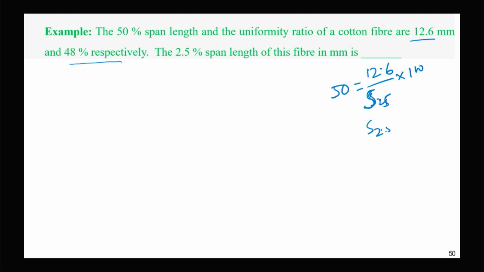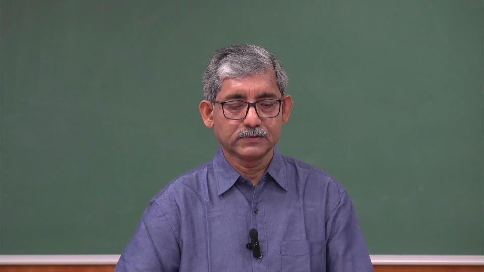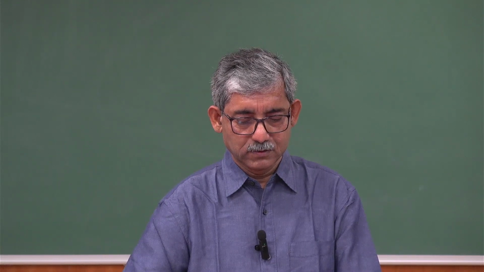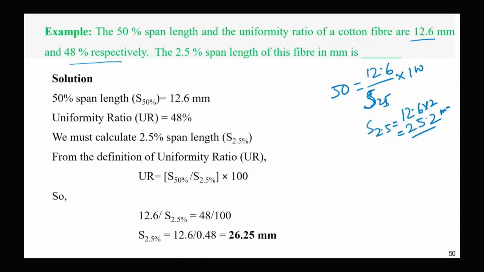S 2.5 will be 12.6 multiplied by 2, so it will be 25.2 millimeter. It is assumed here, it is written, 48%.